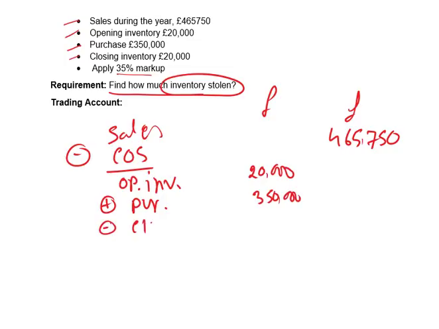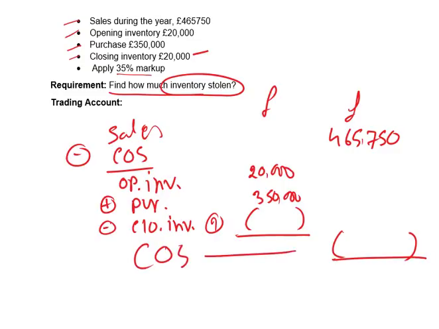Less closing inventory. Now here I'll give you a pause. I'll not use this information because this is not the correct information, because we know some inventory has been lost. We can't use it. Okay, for the time being, let's put it. And once you add up, you're supposed to get your cost of sales, and sales minus cost of sales is supposed to get your GP, gross profit.